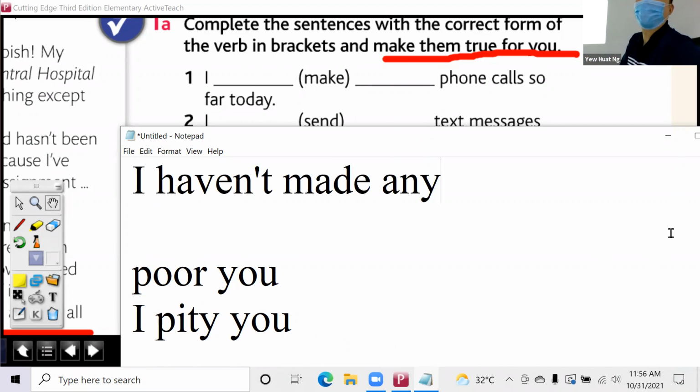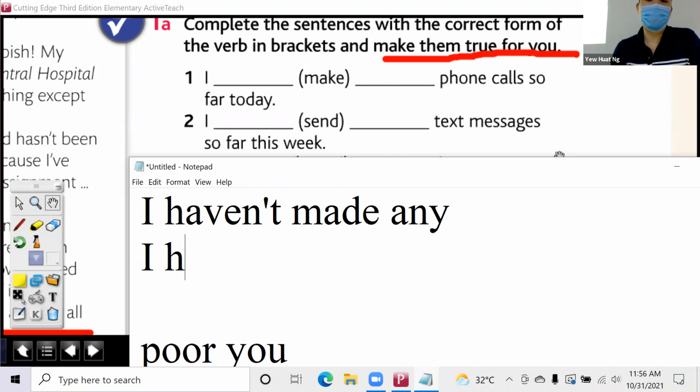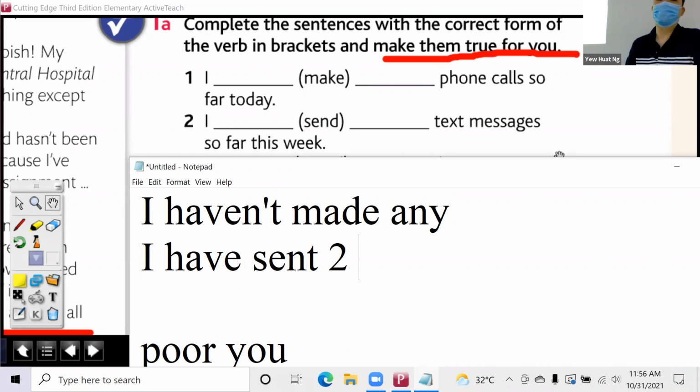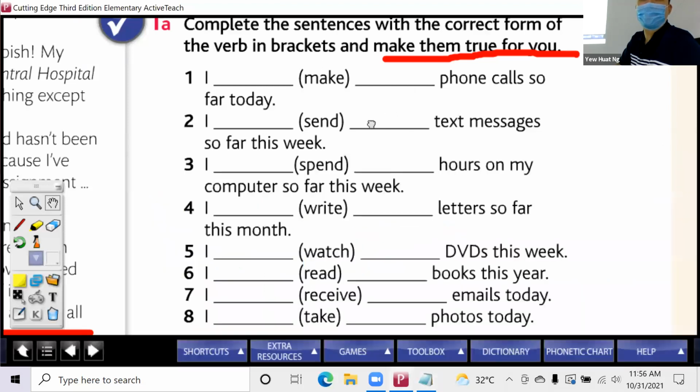You understand? Number 2 will be I have sent 20 text messages so far this week. Can you see this? It's supposed to be like this. Do you notice?